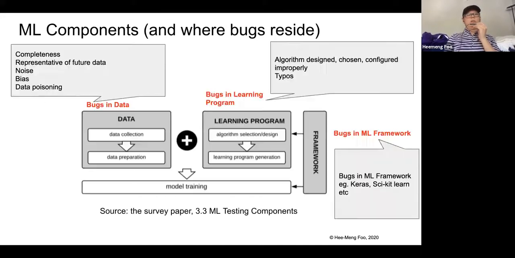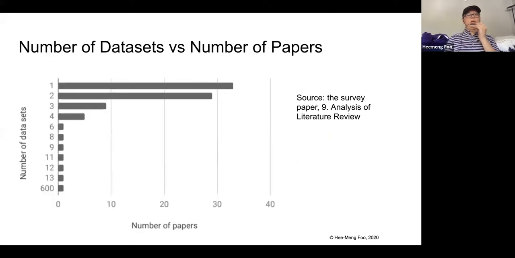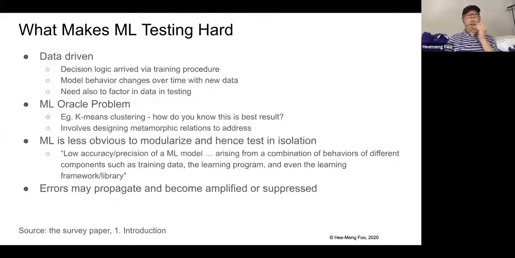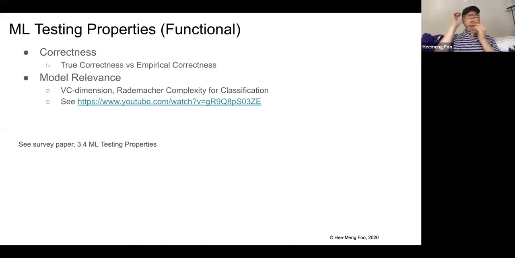Okay, so remember we talked about the properties, right? And I mentioned to you that I classified them into functional and non-functional. So this is where we are now. So correctness and model relevance fall into, in my opinion, the functional aspects. So correctness, they talk about true versus empirical correctness. Empirical because, well, you only have a set of data, and any data is essentially a sampling of the true values that are out there.